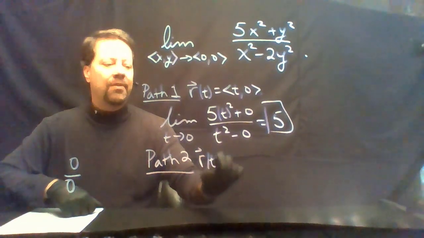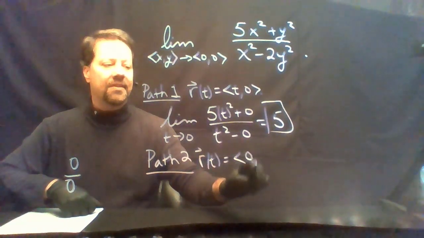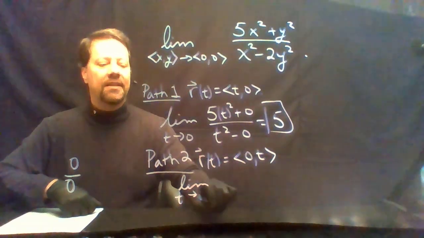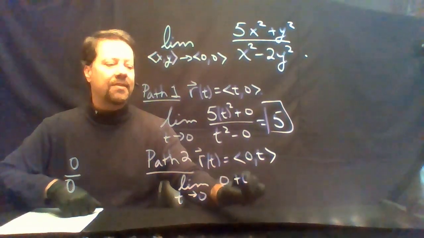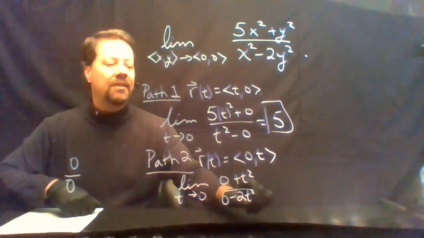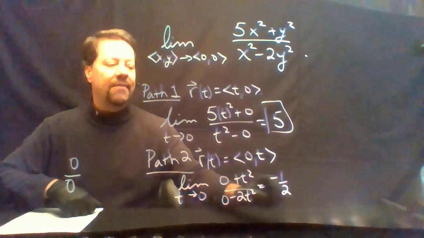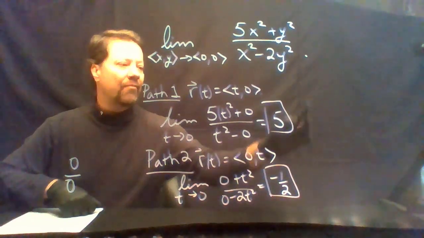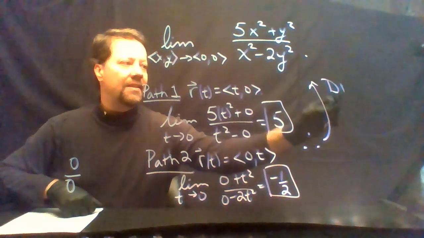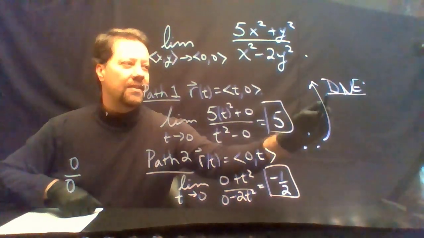On path 2, we might follow the other axis, 0, t, and take the limit as t goes to 0 of 0 plus t squared over 0 minus 2t squared, and get a limit of minus 1/2. It follows then that the above limit does not exist.